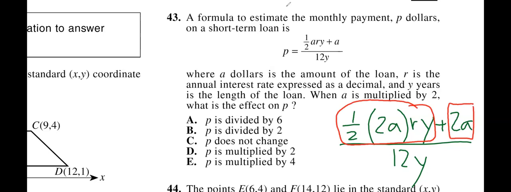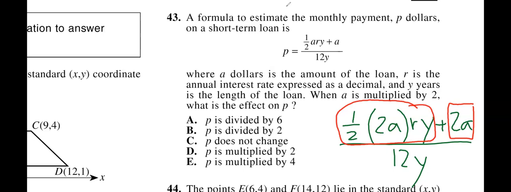Do you see something in common that you can pull out of those two red boxes? 2A. They both have a 2A. Or maybe I should just pull out a 2. Maybe I should leave the A alone. That's probably a wise strategy, and we'll see why here in a second.